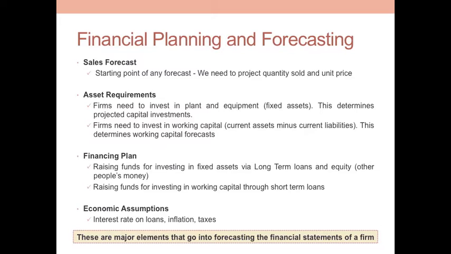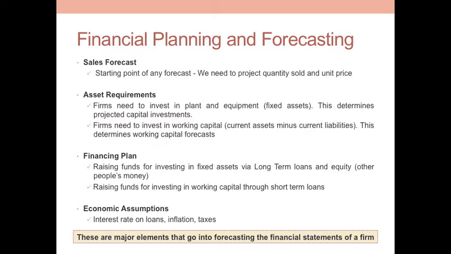Other assumptions that go into any forecast: interest rates, obviously, govern how much interest expense you pay on the loans you take. Inflation determines how some of your key costs go up, such as your labor costs and other administrative costs.